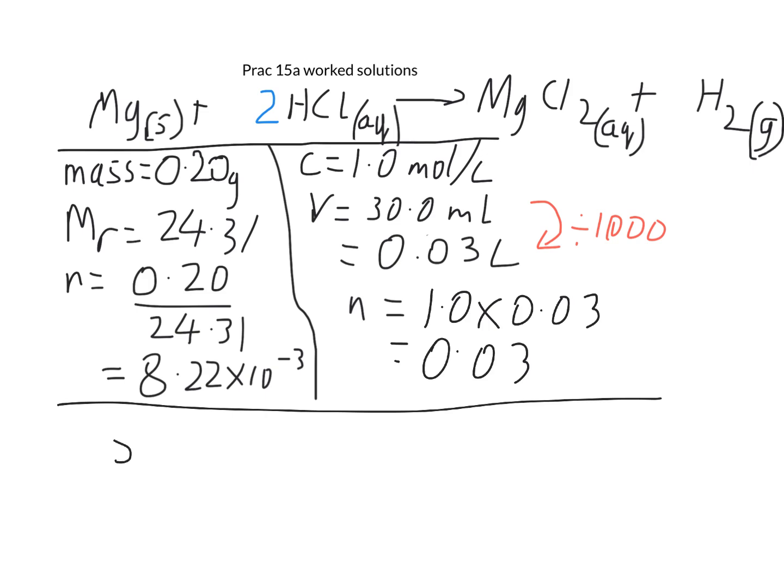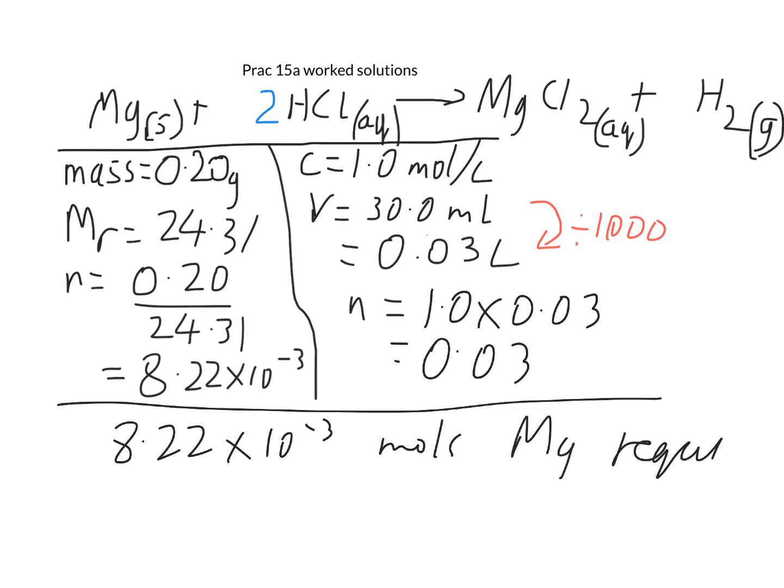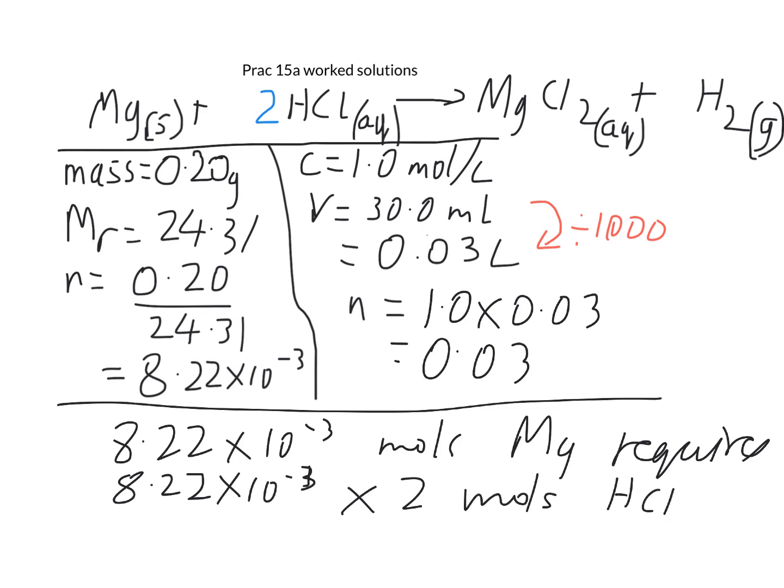So I can say 8.22 times 10 to the negative 3 moles magnesium requires 8.22 times 10 to the negative 3 times 2 moles HCl, which is, in this case, 0.0164. That's how much HCl I need, right?